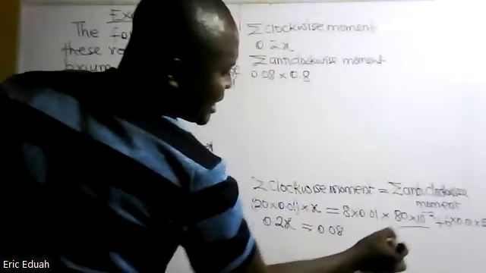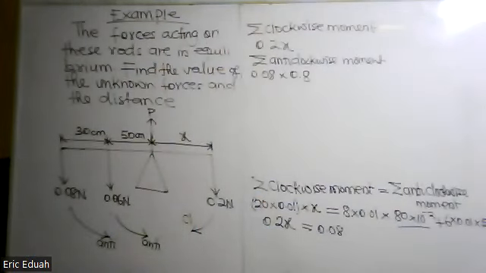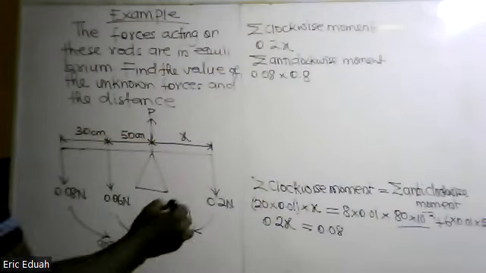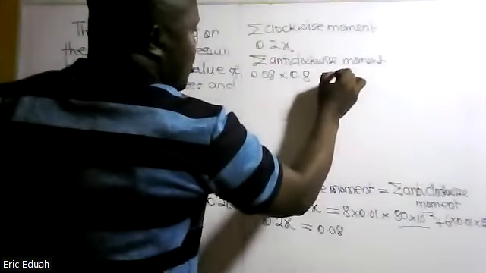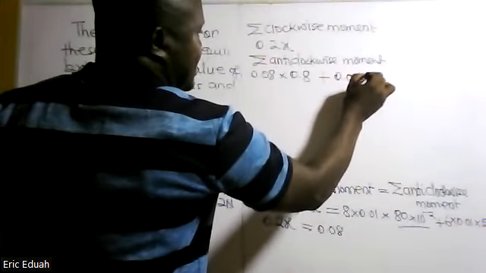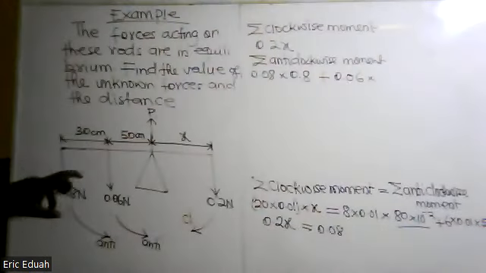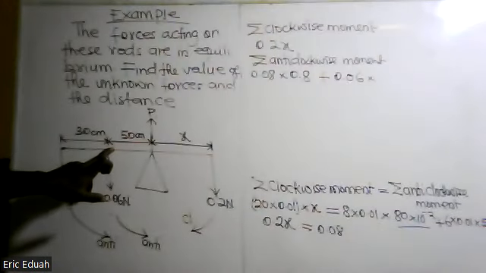And that's what I've done here. Plus 0.06 times the perpendicular distance, and that is 50.